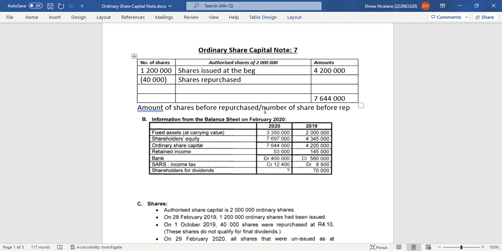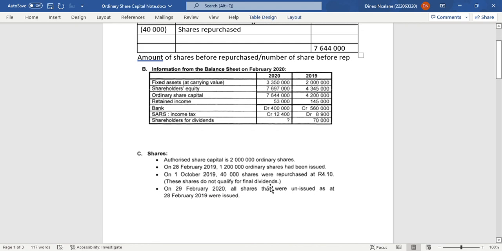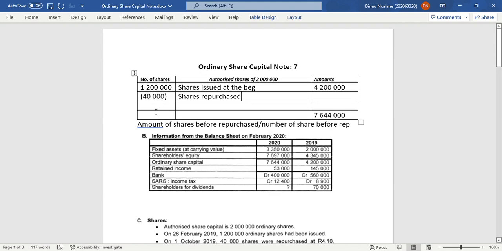They have already sold the 1.2 million shares, meaning the shares that were unissued as at 28 February 2019 are 800,000 shares, meaning these are the additional shares, or the shares issued during the year.